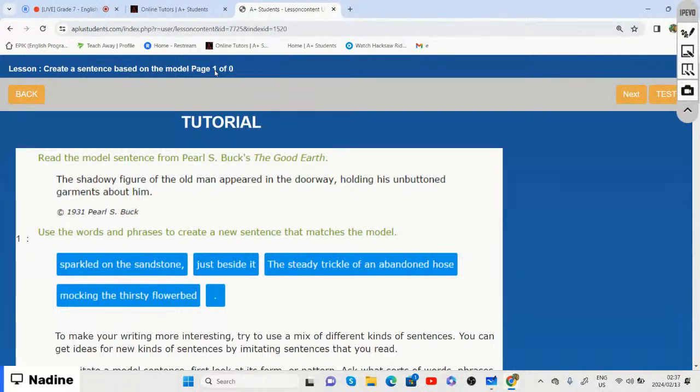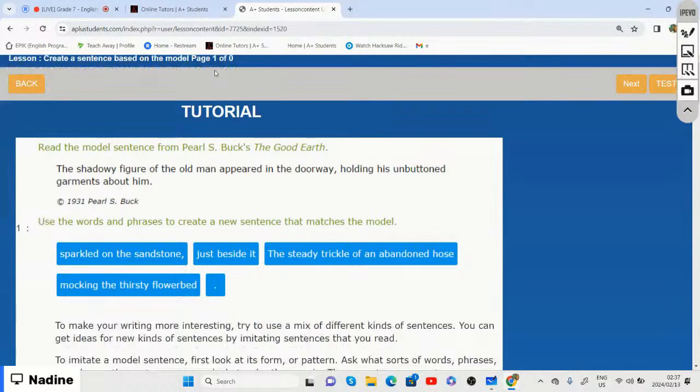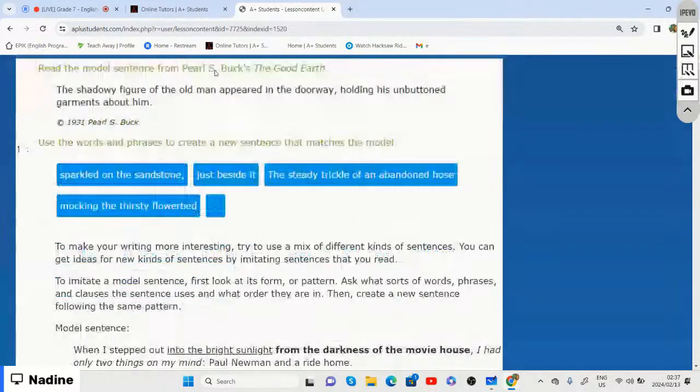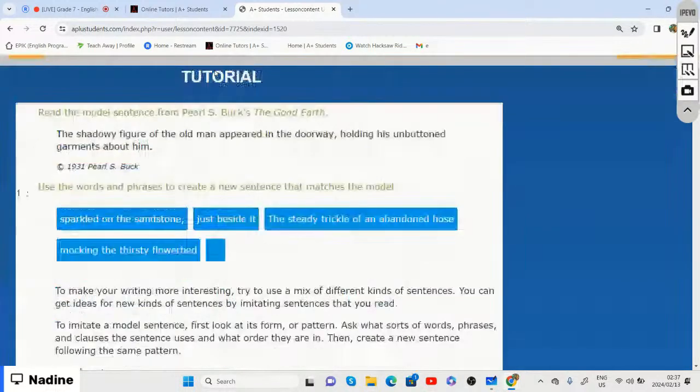All right. So when it comes to our new sentence, we have a model sentence as well as a new sentence. And remember, the model sentence is there to make writing even more interesting, because now you can use the model sentence and mix and try different kinds of sentences.